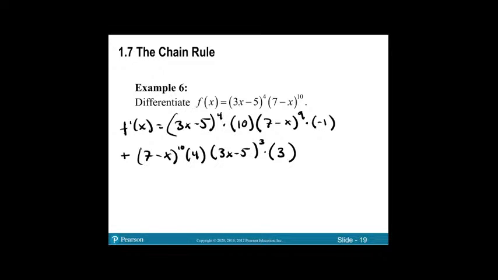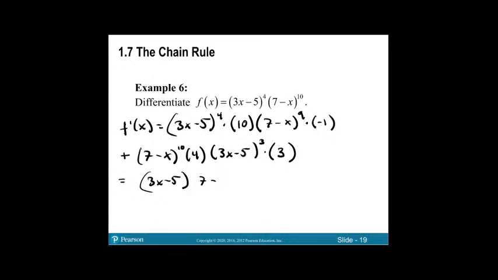They both have the 3x minus 5 and the 7 minus x. So I'm going to write this in factored form. We can factor out a 3x minus 5, and we can factor out a 7 minus x from both terms.